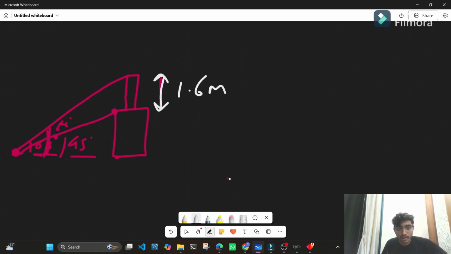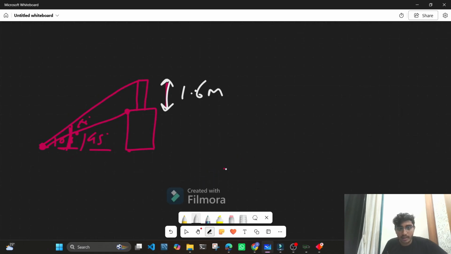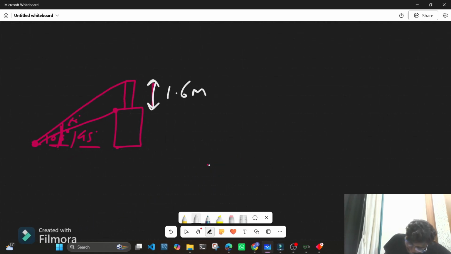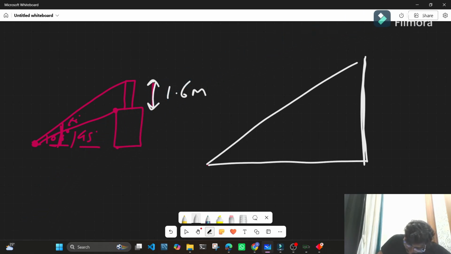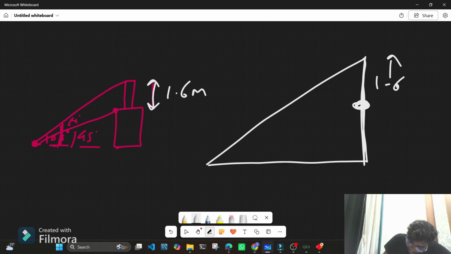Now we'll draw this in the form of a triangle. This is the ground, and this is the triangle. My statue is 1.6 meters, that is this much.